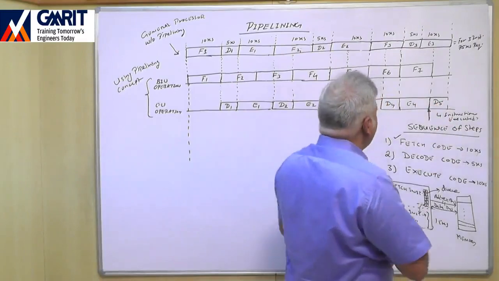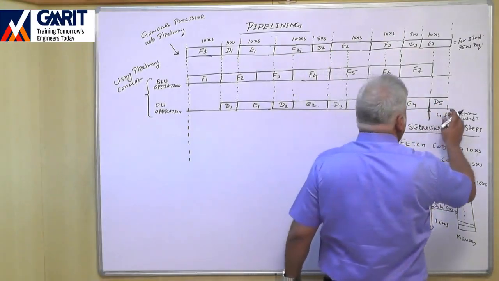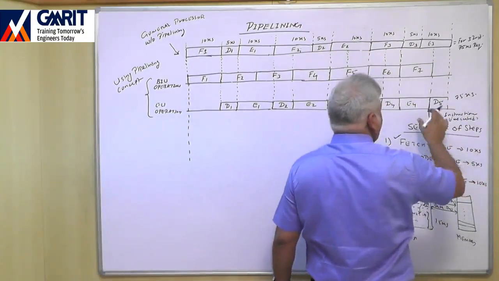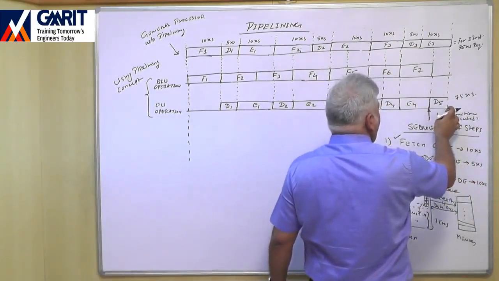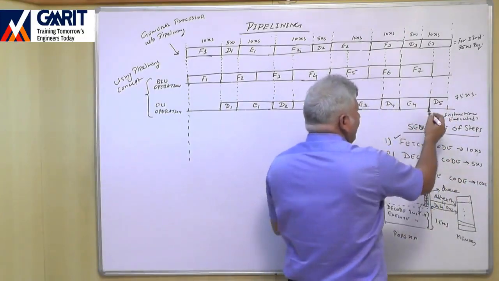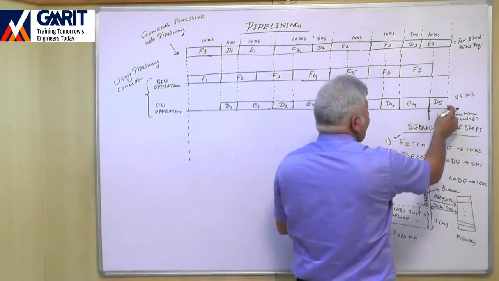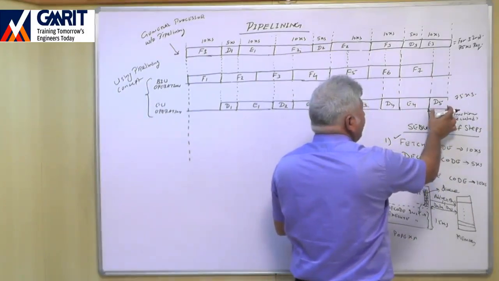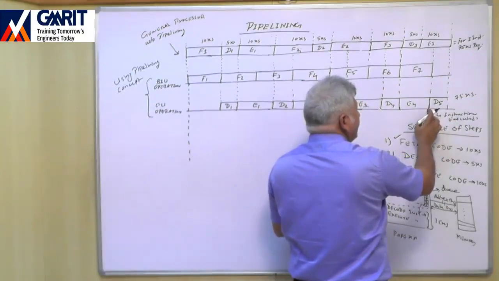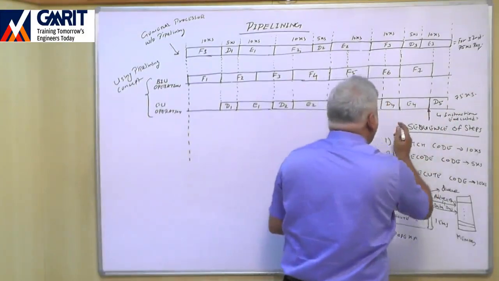So you just see, in 75 microseconds, if you consider up to here, how much time is required to execute 4 instructions? Up to here it is 75 microseconds, and this is the 5 microseconds. We subtract this 5 microseconds from 75, so up to here it is only 70 microseconds.